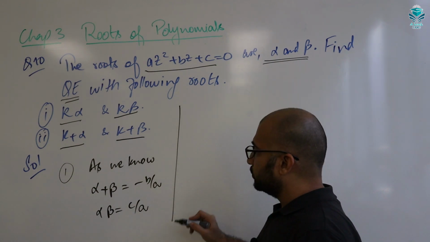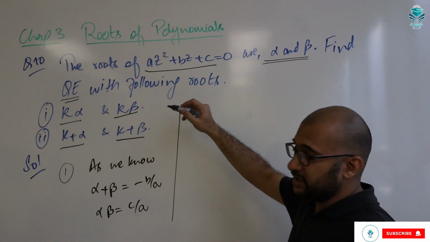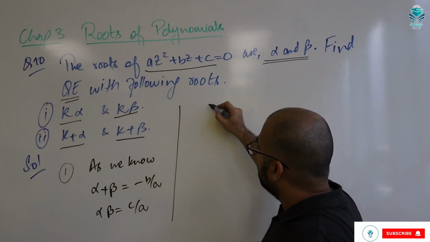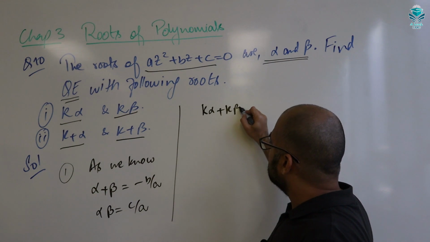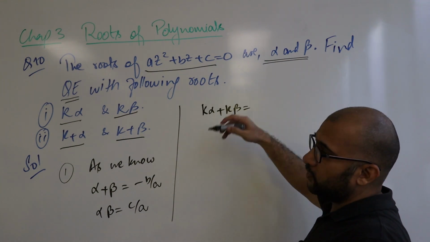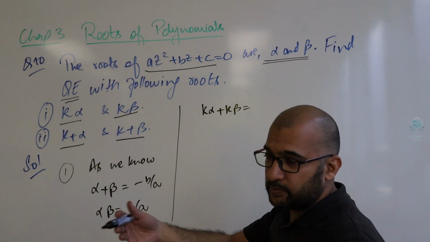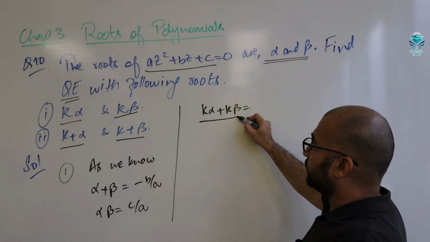So you have to write down the polynomial with the roots k alpha and k beta. So the sum of their roots, k alpha plus k beta, means the sum of the roots of the required polynomial that we want to find. Its roots will be of this form.